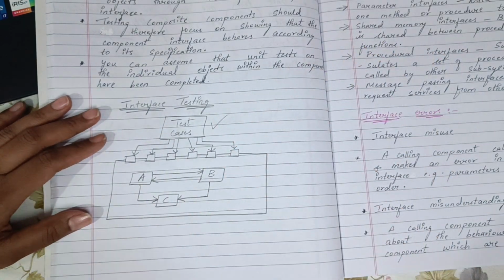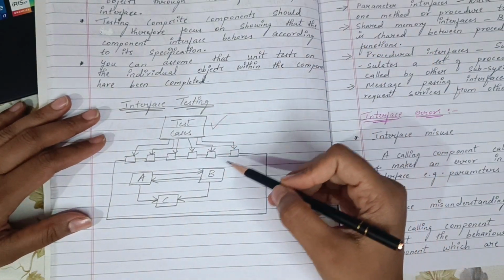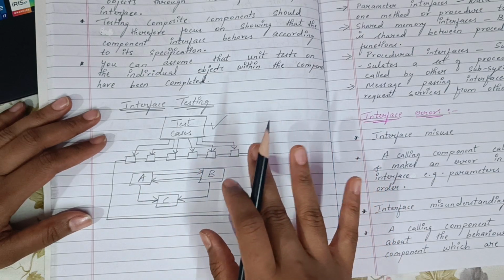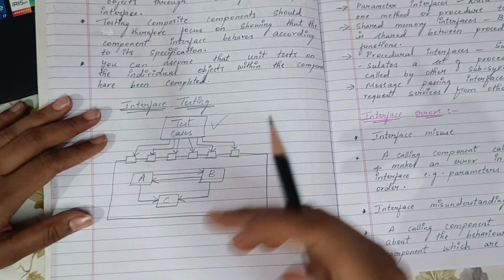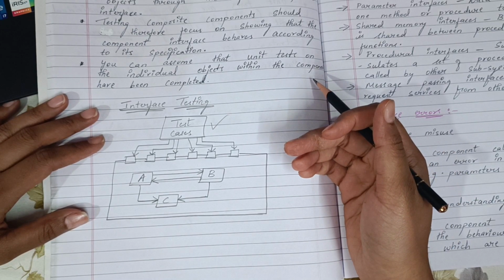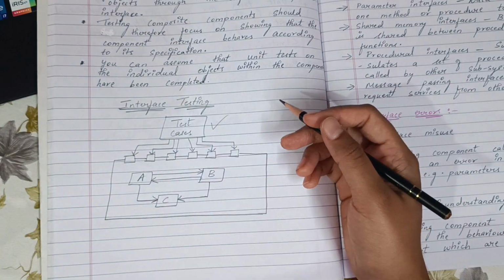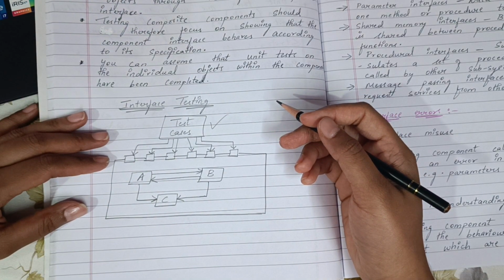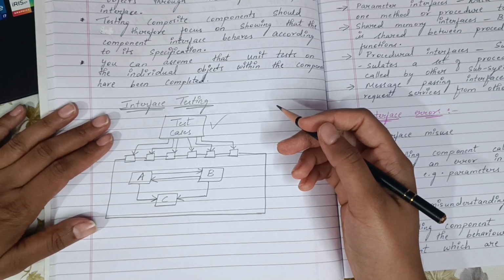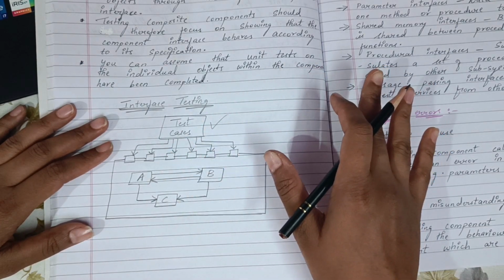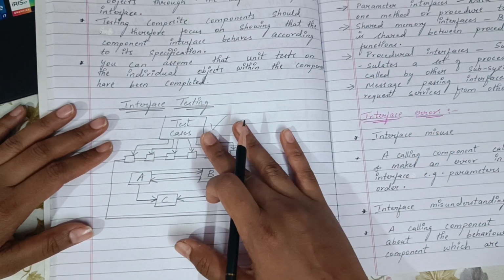Without preparing test cases, you cannot perform this type of testing. As you all know, before you do any coding, you need to prepare test cases. I have already explained this in another video, in the test driven development process. Before you implement, and before you perform any type of testing, you need to prepare test cases.